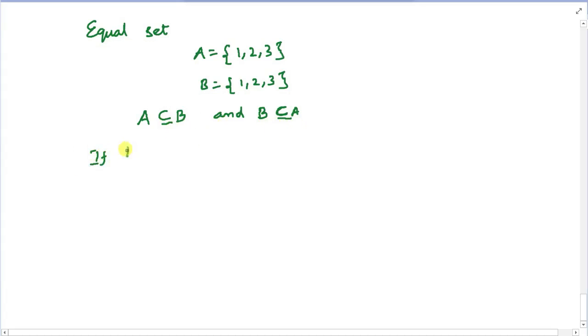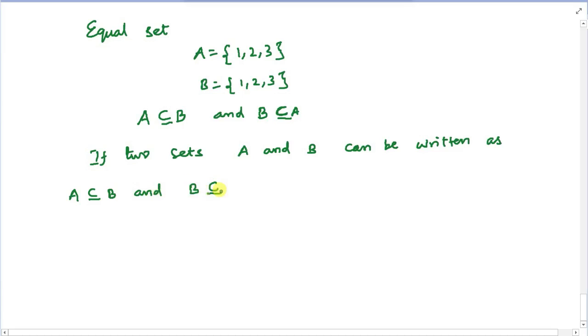If two sets A and B can be written as A is subset of B and B is subset of A, then A and B are called equal sets.